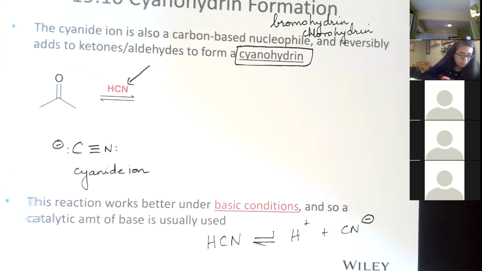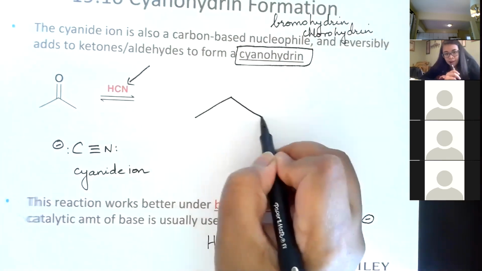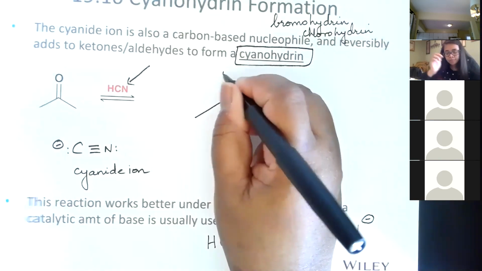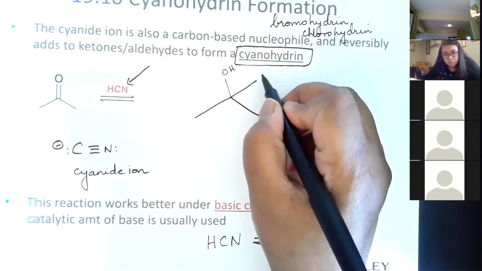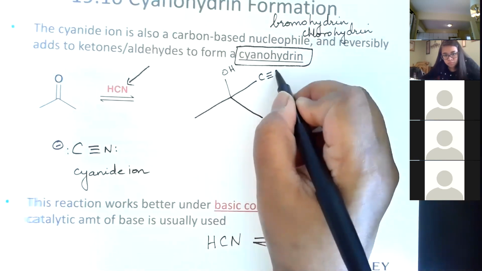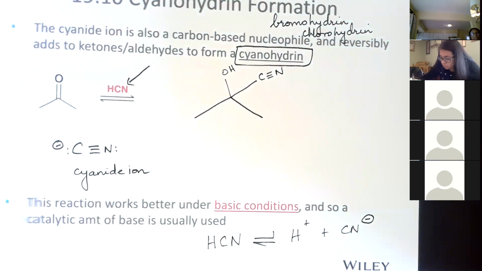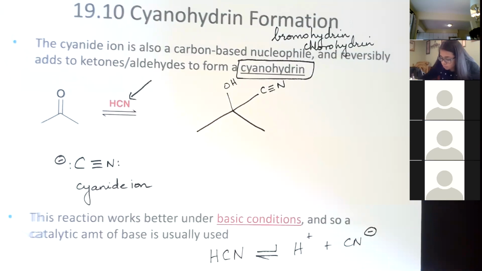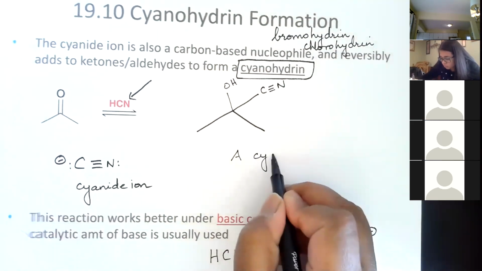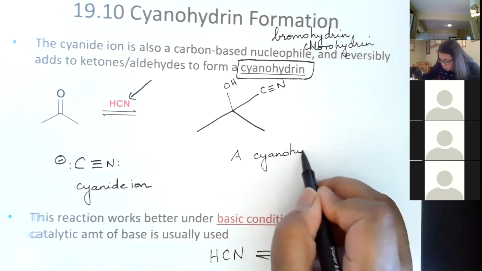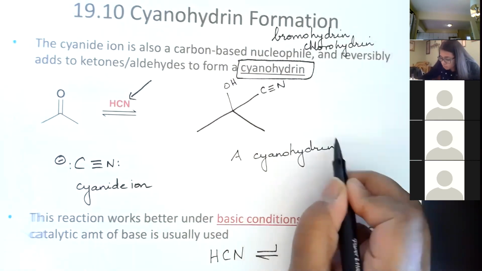So with the little amount of CN minus that you get from here, they're going to alter the method a little bit. But it's similar to using the Grignard reagent. See that? You have a CN and an OH. And the common name for these types of compounds is the cyanohydrin.